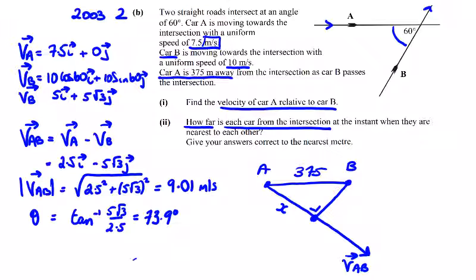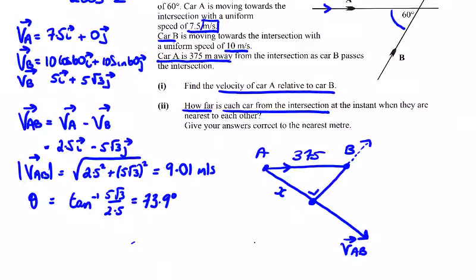So if we get the time taken to get there, A is traveling along this way, and we can tell how fast it's going, and we get the time, and B is traveling away from the intersection in this direction. So we need time here. So this is the angle that we found, the angle with the x-axis.